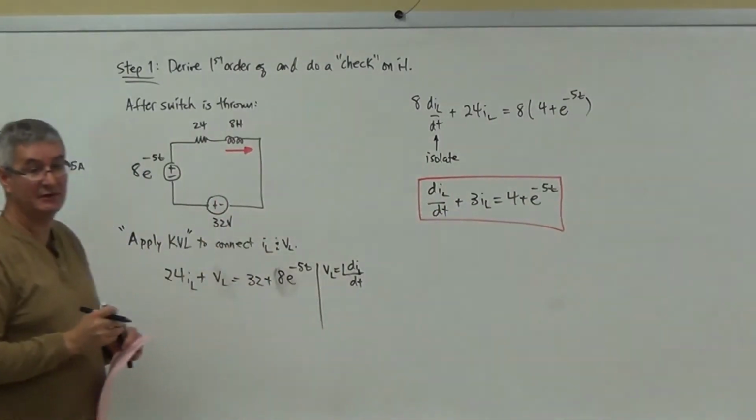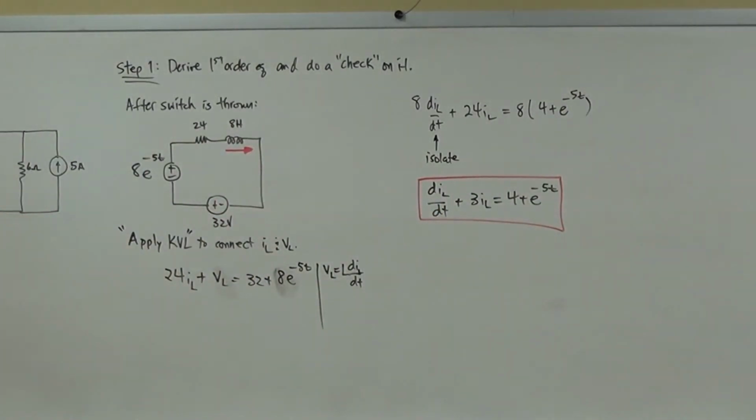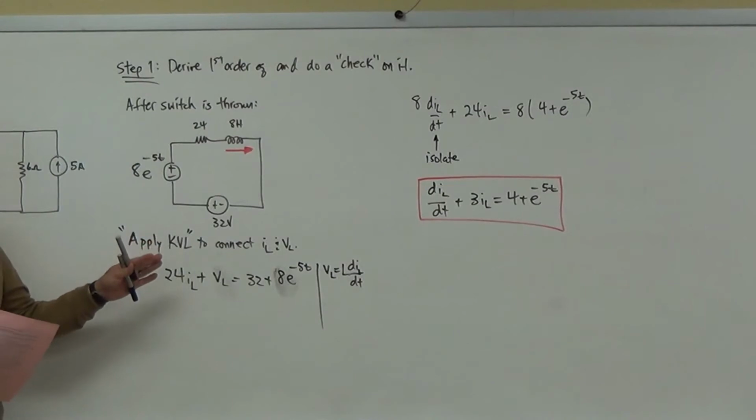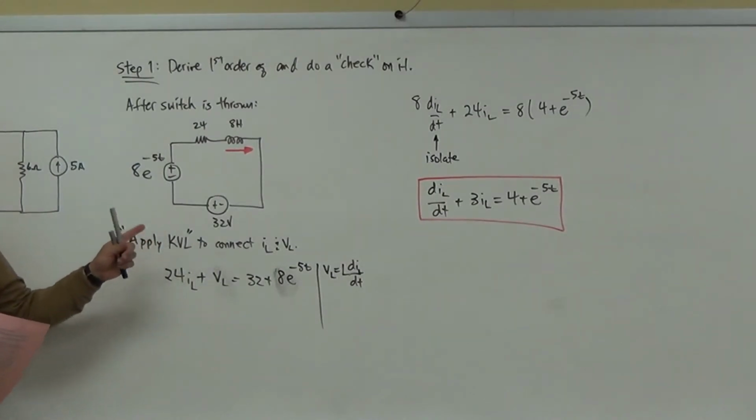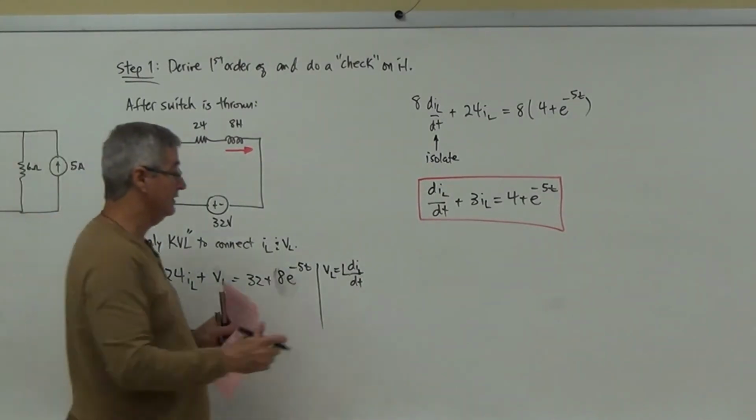And there's my equation right there. So the question is, when this reaches steady state, what should the current in the circuit look like? Right?